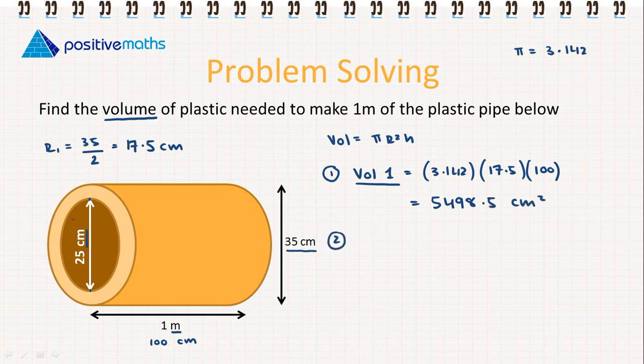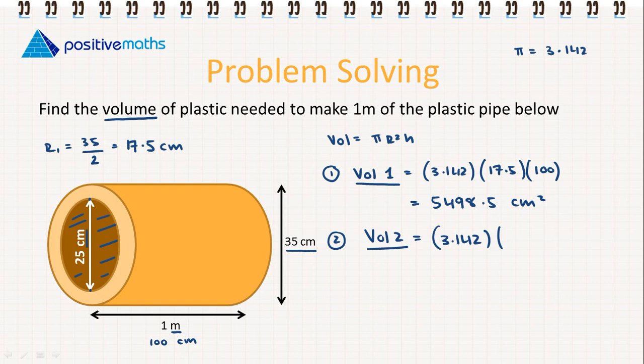Okay, our second part, we're going to find the volume of the inside of the cylinder. So it's going to be our volume 2. So again, we're going to use the same formula. Pi 3.142. This time, our diameter is 25 centimeters.